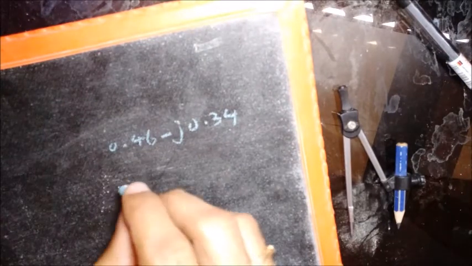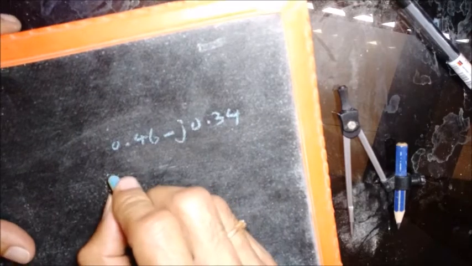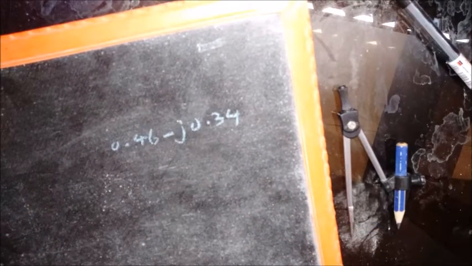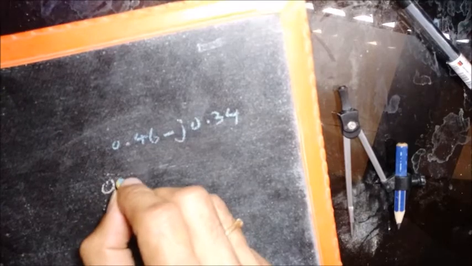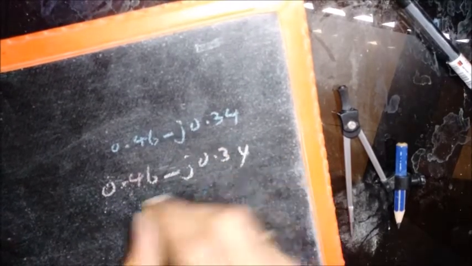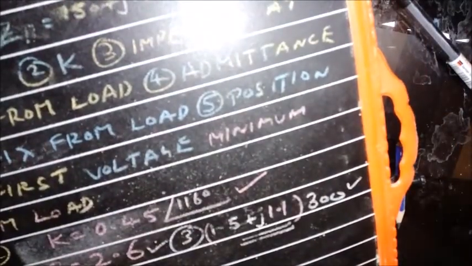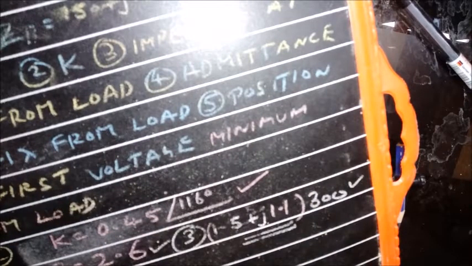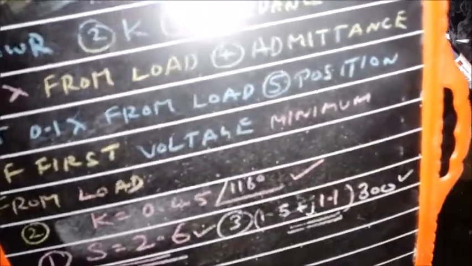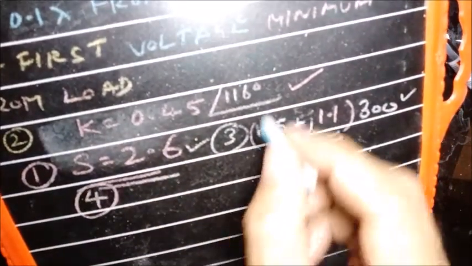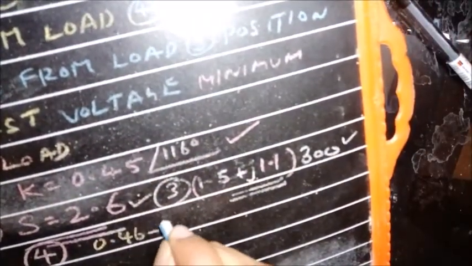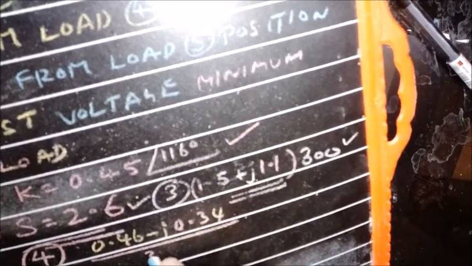That means the actual admittance will be, and remember the normalization here is with regards to 1 by R naught, so the actual admittance is 0.46 minus J 0.34 divided by 300.